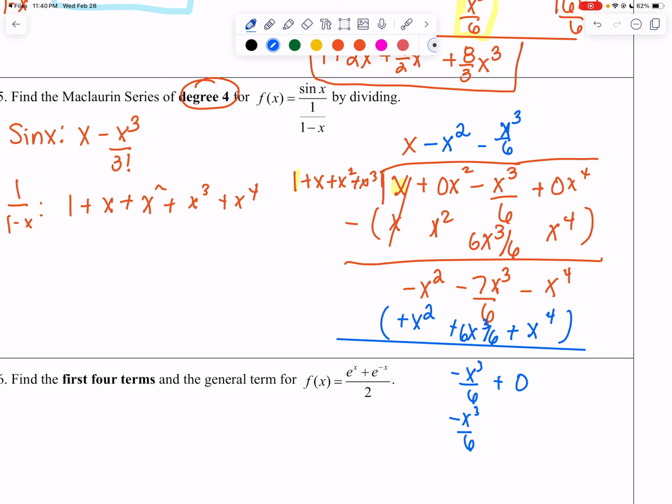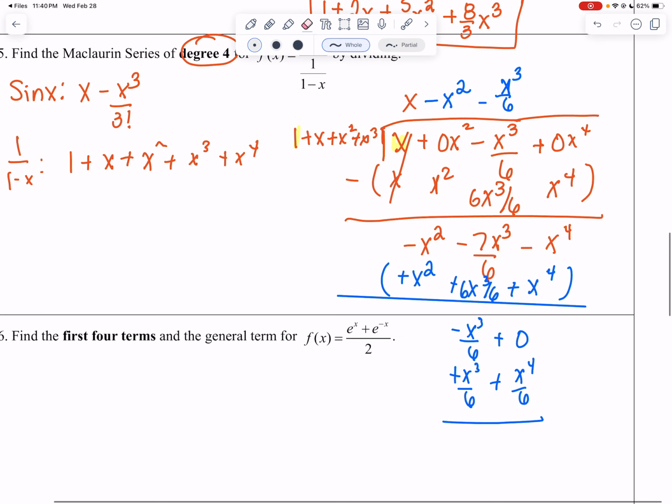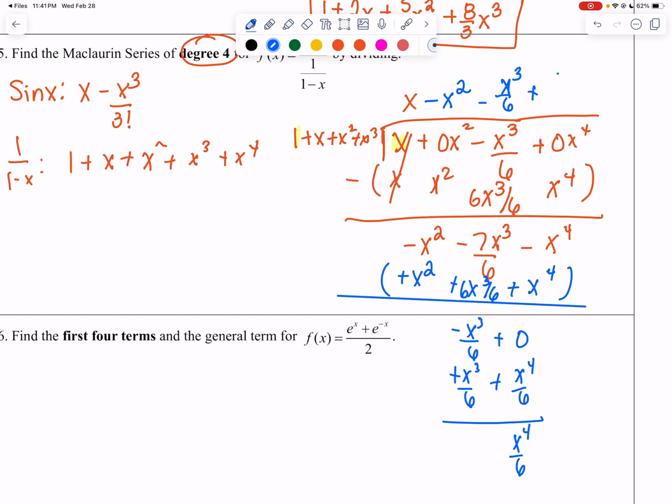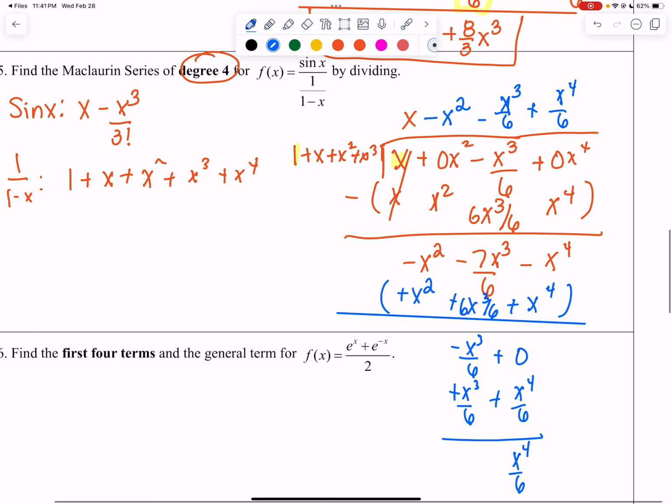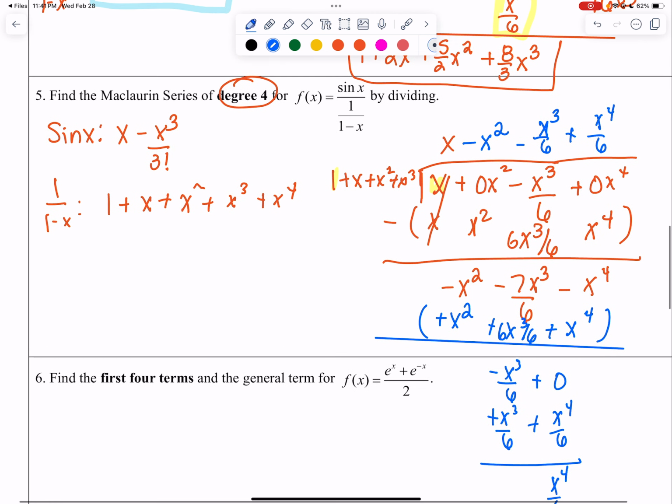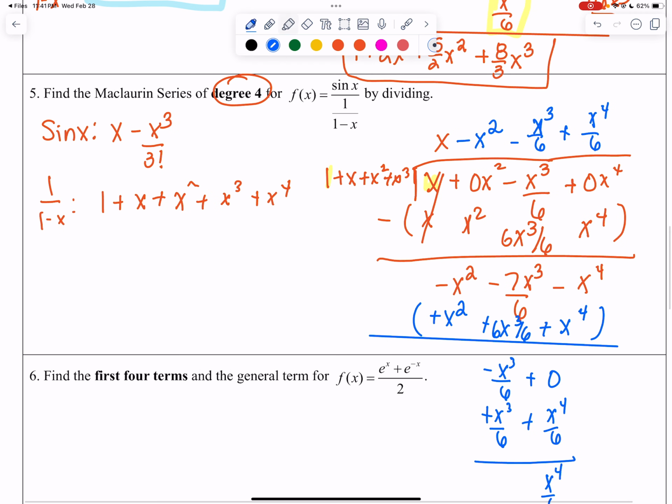And then, of course, minus x to the fourth over 6. This is subtracting, so we're adding. So now I have x to the fourth over 6. And this right here would be my final answer of degree 4.